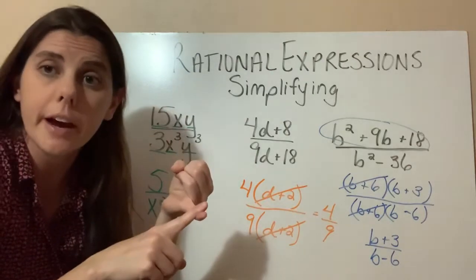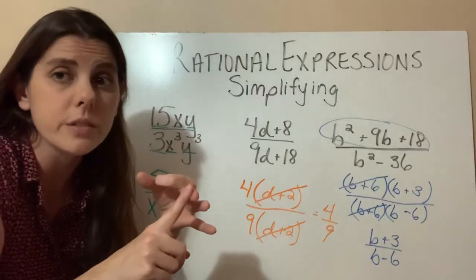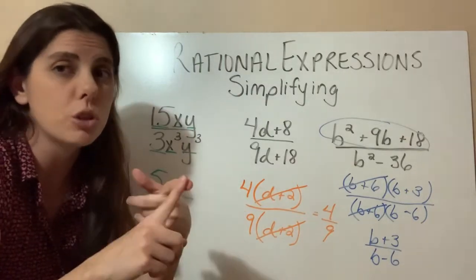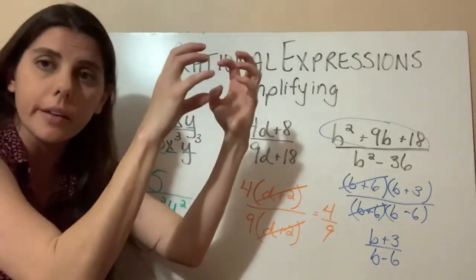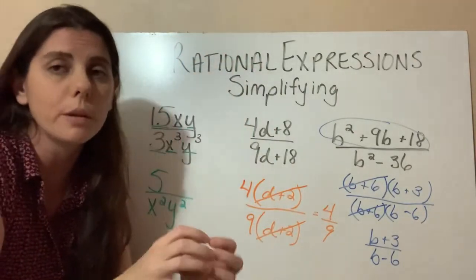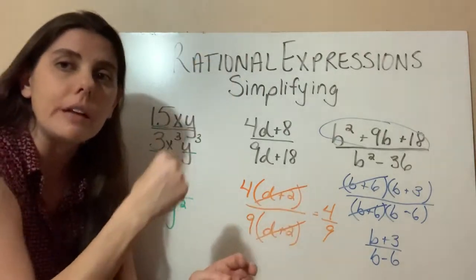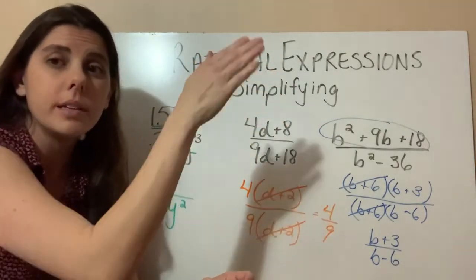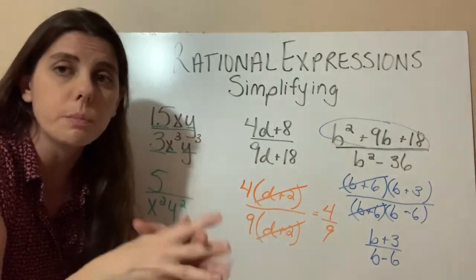Is there a GCF? Is it a perfect square trinomial? Is it a difference of squares binomial? Can you just do trinomial factoring? What can you do to simplify the top, and what can you do to simplify the bottom? After you've done that, you'll see that things will start canceling out. So cancel everything out that needs to be canceled, and whatever's left over should be your end result.